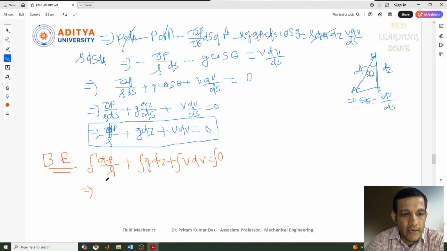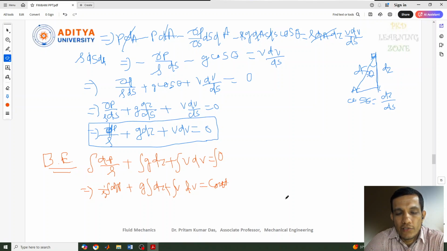So what will we get? Integration of dp times 1 by ρ, plus, here also g is constant, integration of dz, plus integration of v dv, equal to integration of 0, which is a constant.